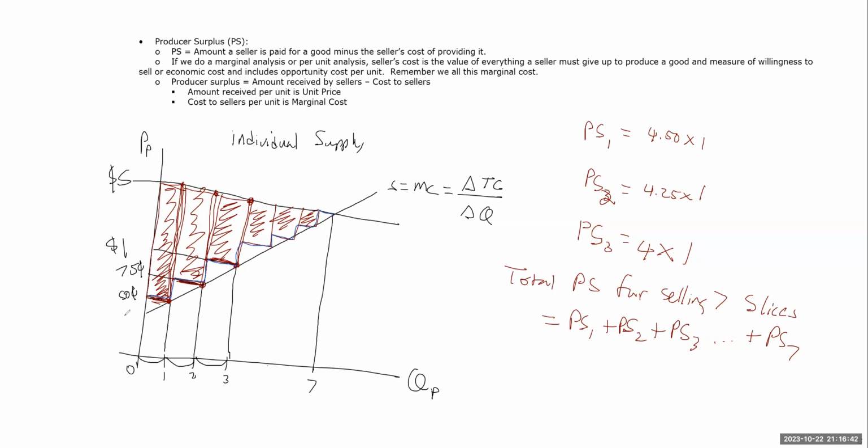Okay. Normally, we operate with a smooth, continuous line supply curve. That implies that we could sell fractional amounts of pizza. If we say this seller can sell fractional amounts of pizza, the implication on producer surplus is that these triangles that we don't include in calculating producer surplus, they would get included.